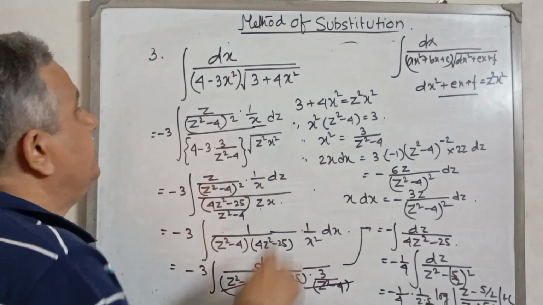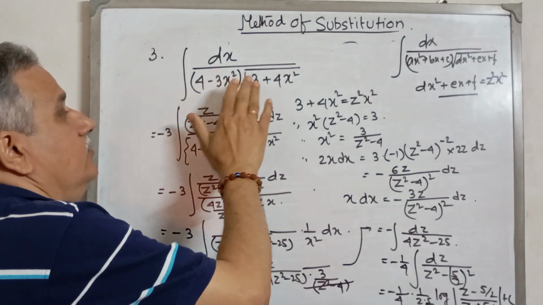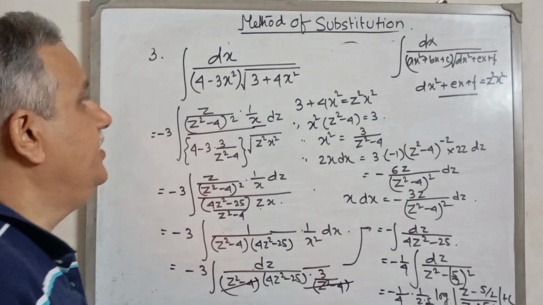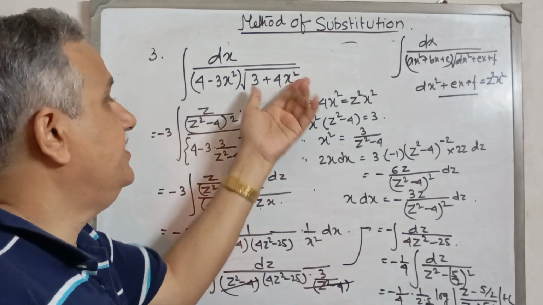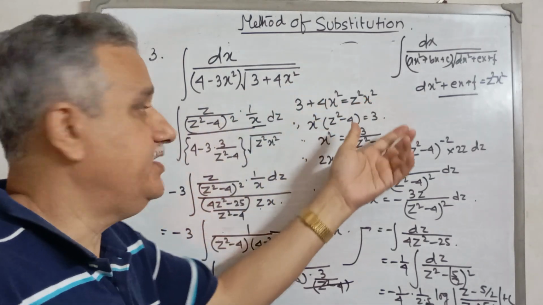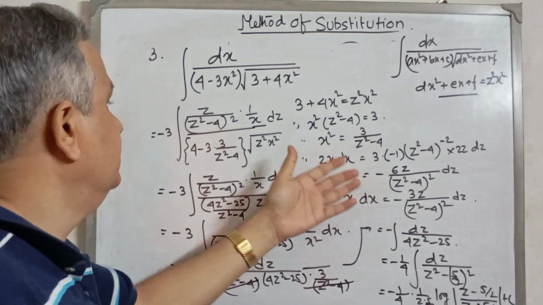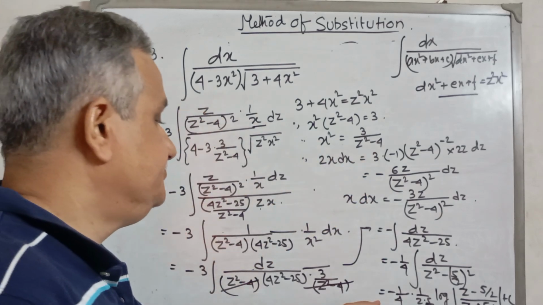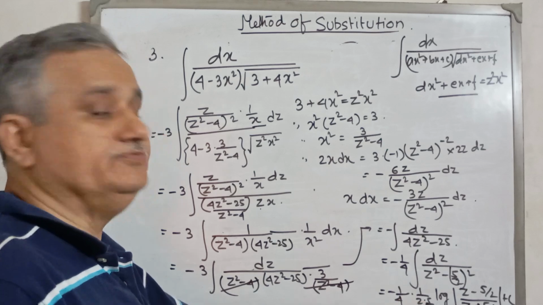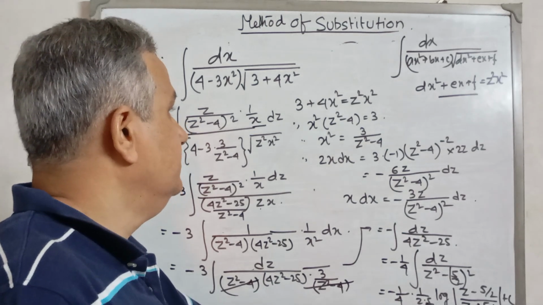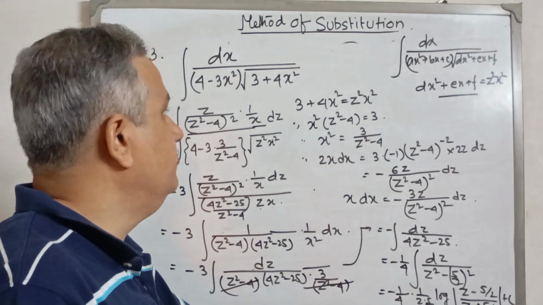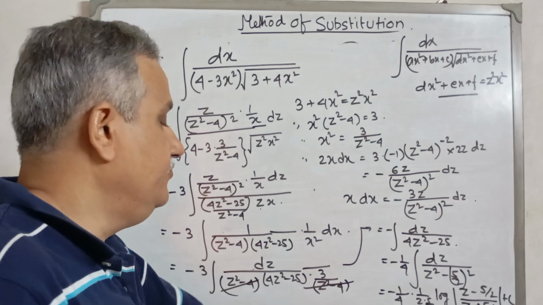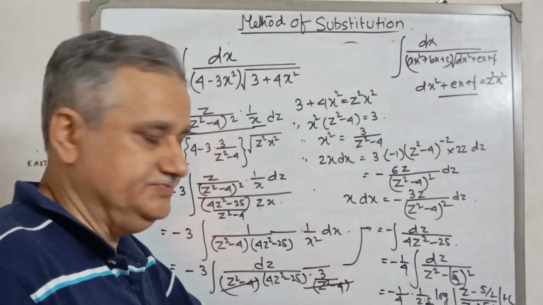Briefly we can say that if both are quadratic form, then we have to put inside the root z square x square. Now differentiate it and substitute this value, we will get this thing. Now we have to substitute the value of z from here. Then we will get the perfect answer.